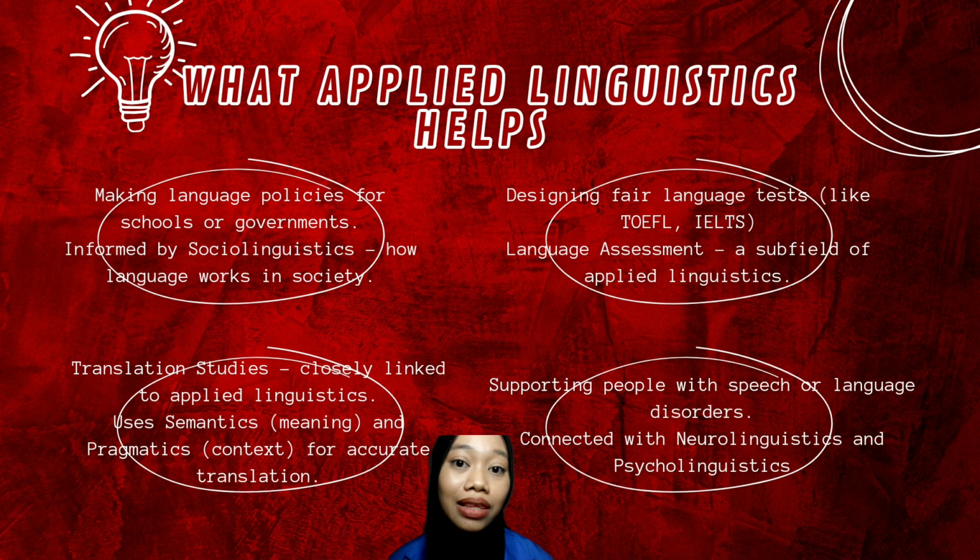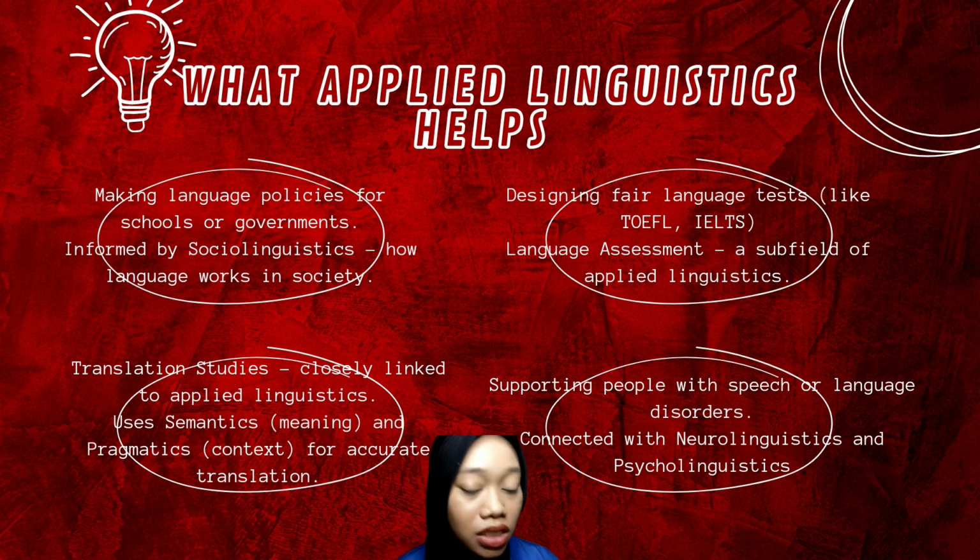What does that mean? In the next slide, applied linguistics helps in making language policies for schools or government, informed by sociolinguistics, how language works in society. Next, designing fair language tests like IELTS or TOEFL, language assessment, a subfield of applied linguistics.